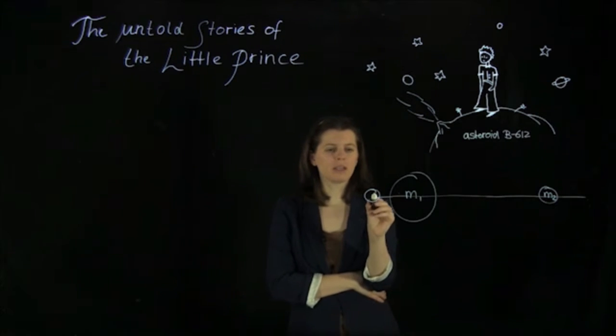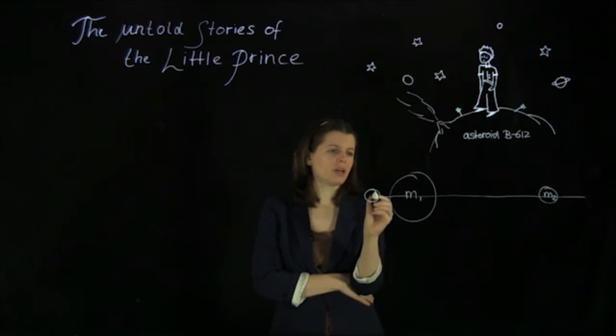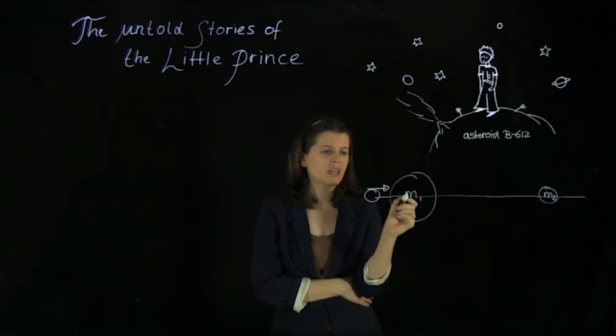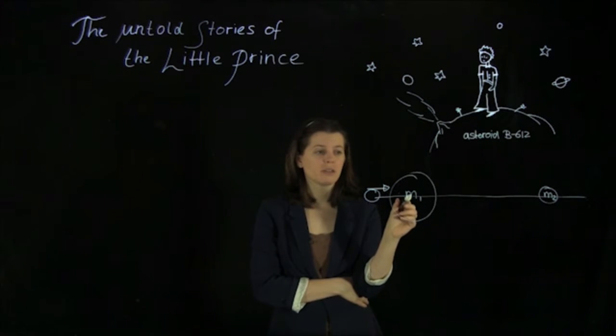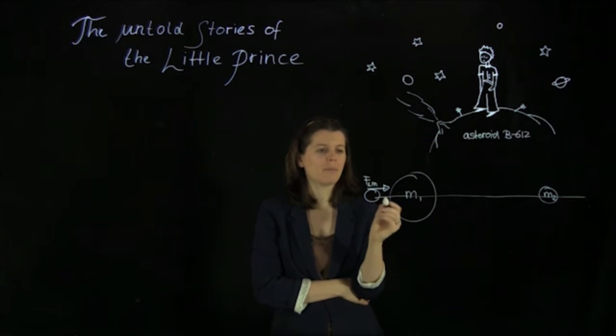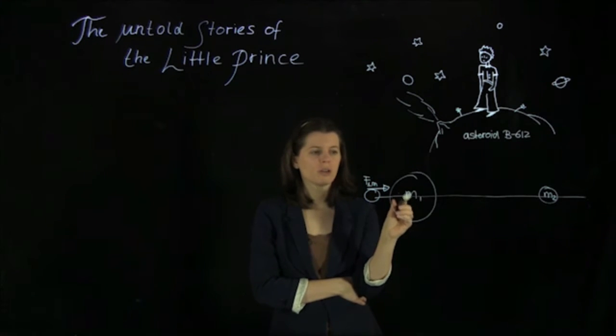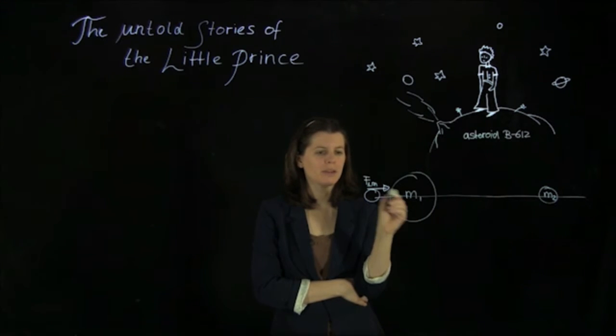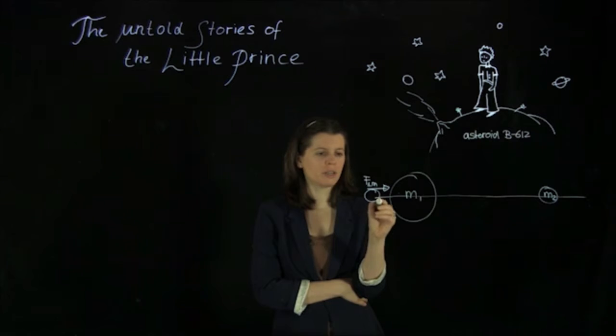And what is this body experiencing in terms of gravitational forces? Well, it's going to experience a gravitational force of object 1. So we have F1m due to the interaction between object 1, the businessman planet, and our little asteroid here.